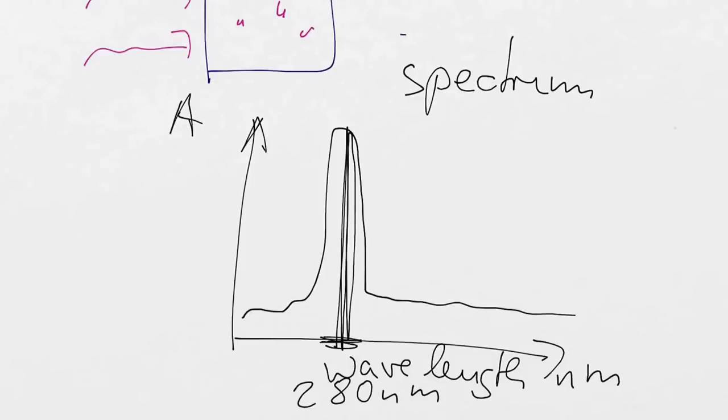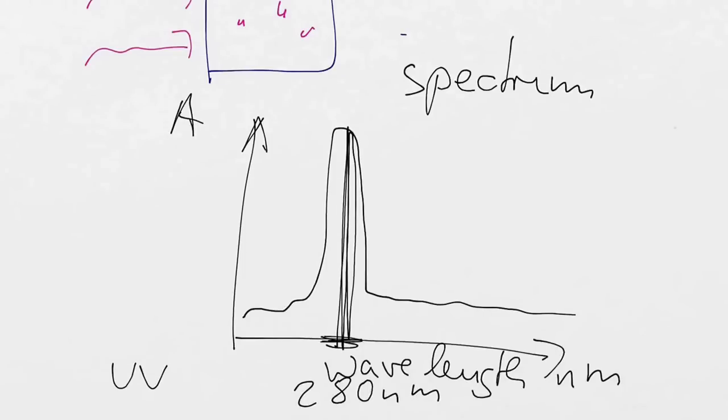This is in the UV range. We wouldn't see that any longer, but it's a perfectly acceptable wavelength. If this substance has a very high absorbance at 280 nanometers, this is usually an indication for nucleic acid. So it could be a DNA or RNA.